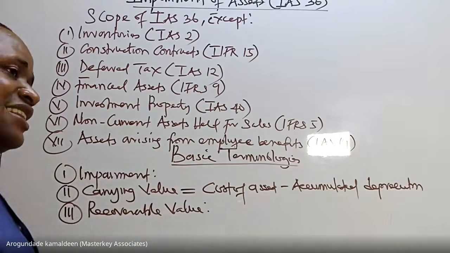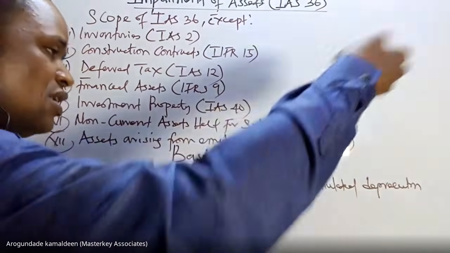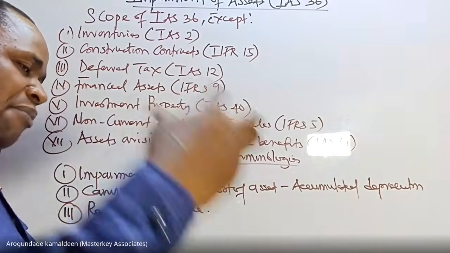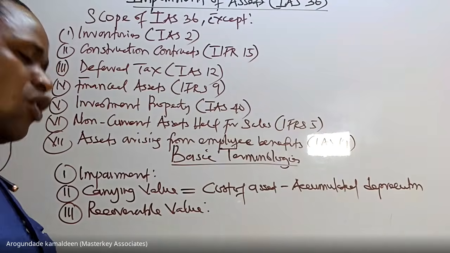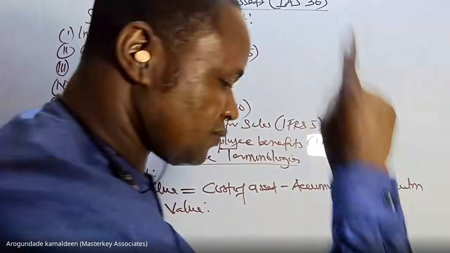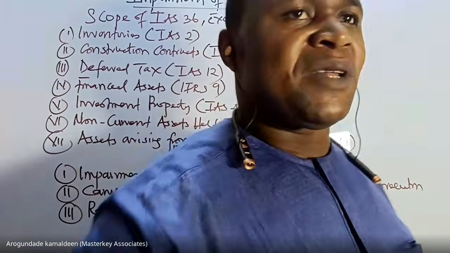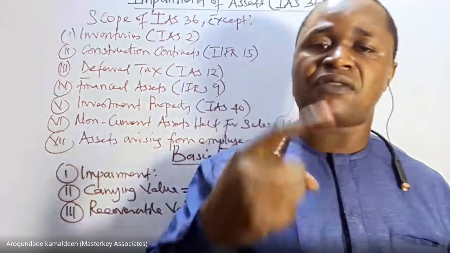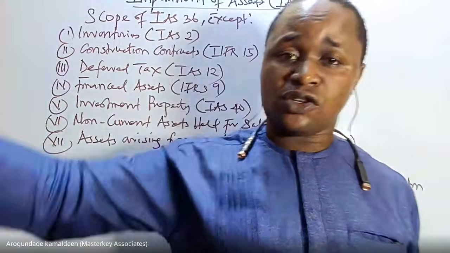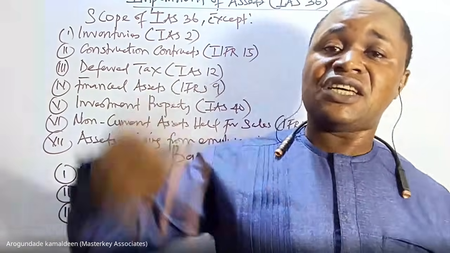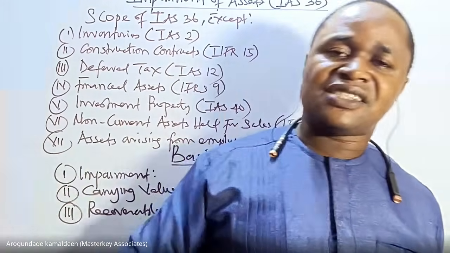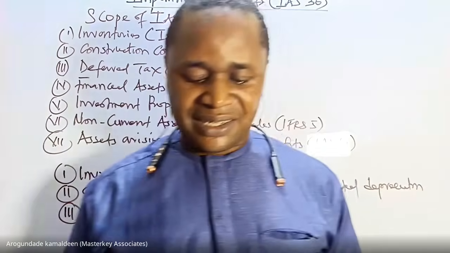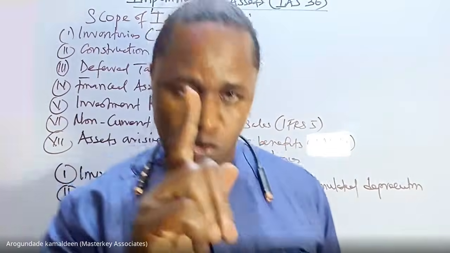If I want to sell it now in the market, the amount I will realize, or the amount I will realize from its continued use. So it means that the value of an asset can be realized in two ways: from immediate sales or its continued use. You continue to use the asset in your organization. So that is a recoverable value.